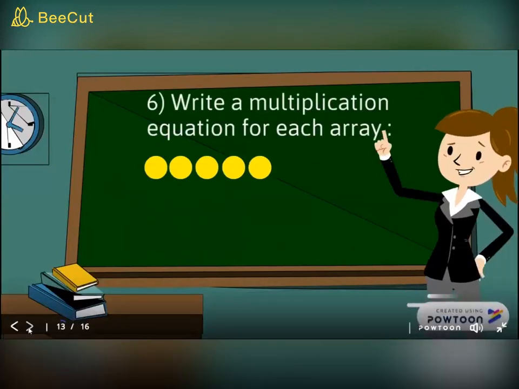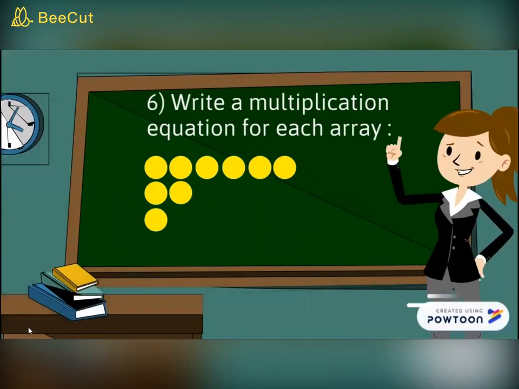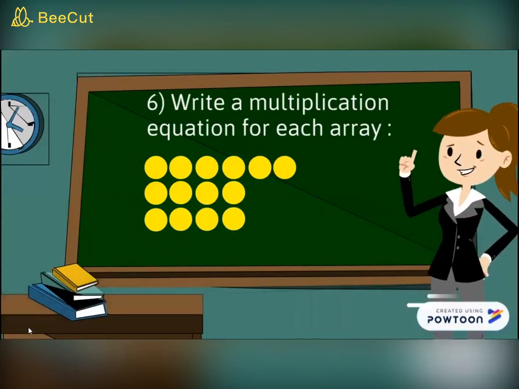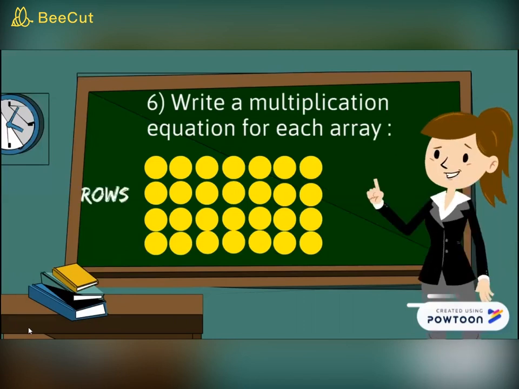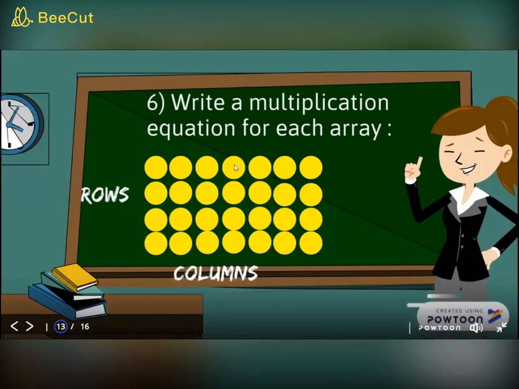The last problem for today, number 6. He wants us also to write a multiplication equation for this very big array. What is this? This is so big here. How many rows here and how many columns? 1, 2, 3, 4 rows. How many columns? 1, 2, 3, 4, 5, 6, 7.